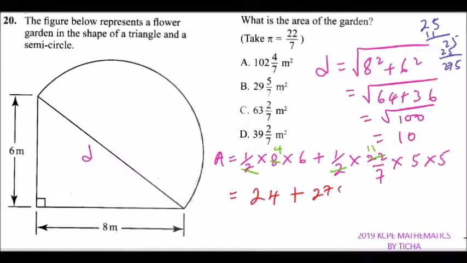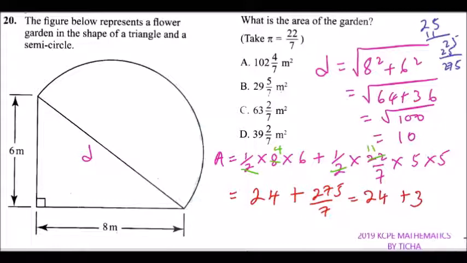So this means you will be able to get 275. You divide by 7. Adding 24, you can divide this by 7. You get 3. 3 is for 20, 21. So we have 6.